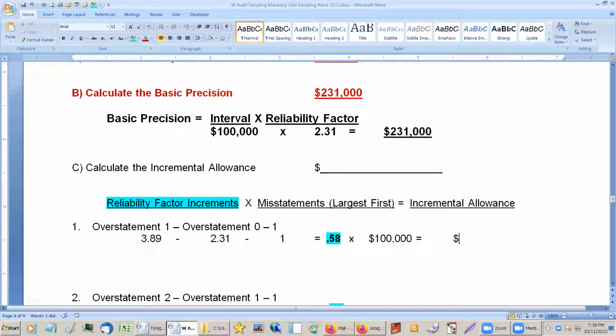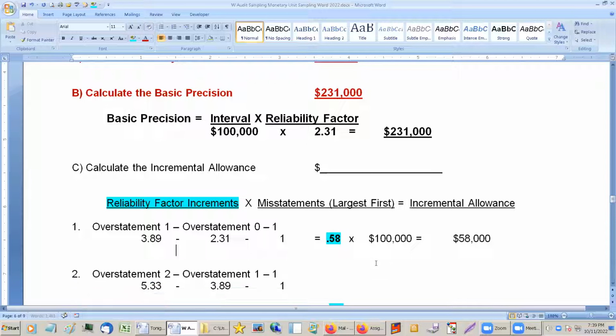So we've got 58,000. And obviously the second one will go second, 25,000. 11,000. 11,000.